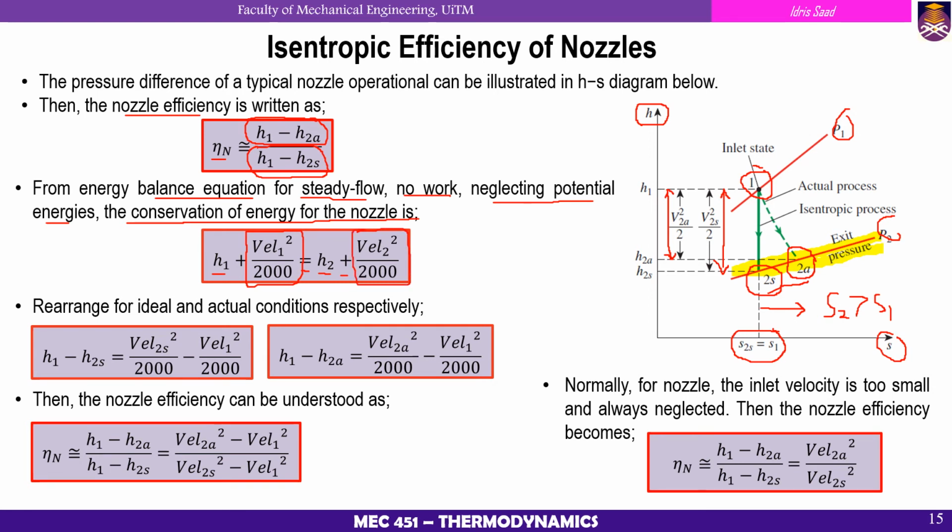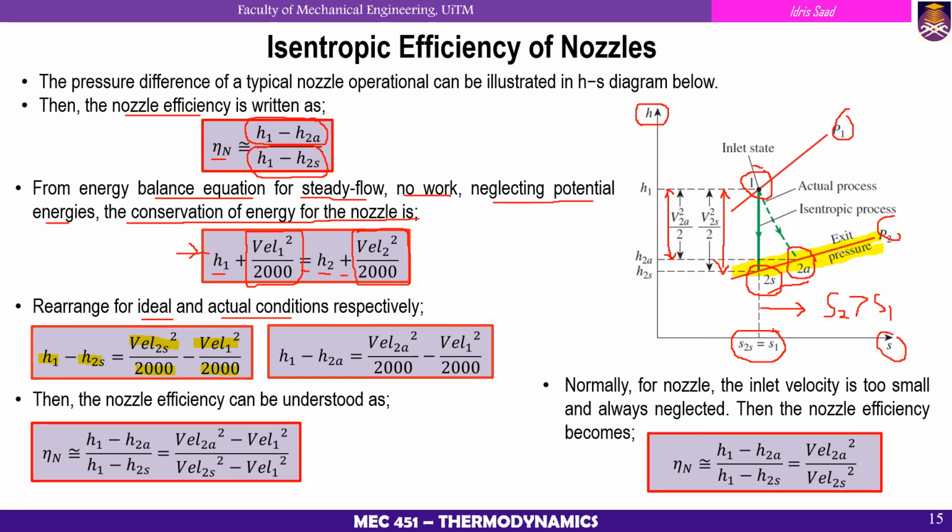We can rearrange this equation for the ideal and actual conditions. First, the ideal: h1 minus h2s is equal to velocity 2s squared divided by 2000 minus velocity 1 squared divided by 2000.